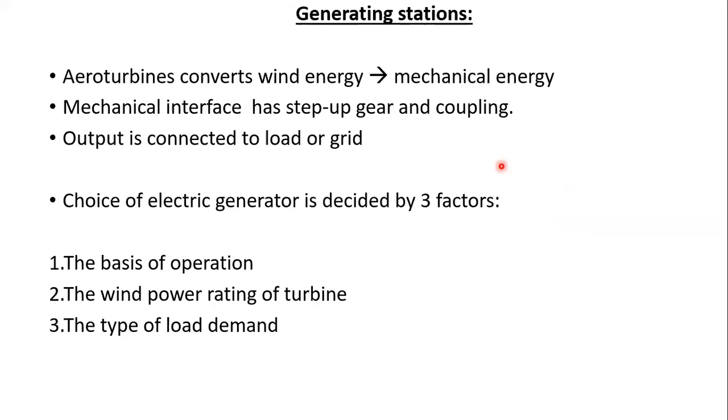This generating system generates power through wind electric systems. When this wind electric system is directly coupled to the generator, it gives electricity, and that electricity is transferred to the regions where it is required.